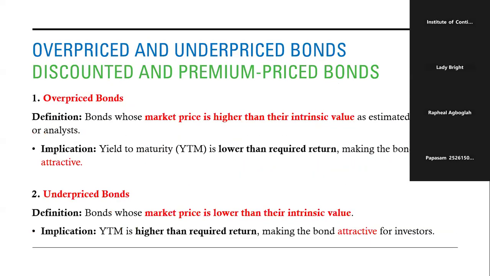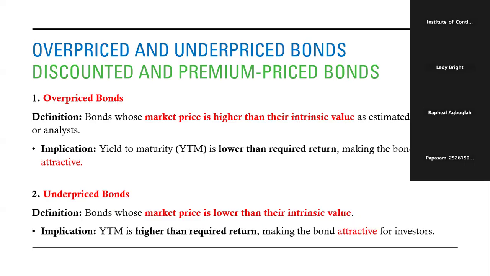Now, when we say that a bond is overpriced, what it means is that the market price is higher than its intrinsic value. This is where the clash is. Intrinsic value is the value the investor expects to receive. When you do your own calculation, you are asking whether the price at which the bond is going for is its normal price.